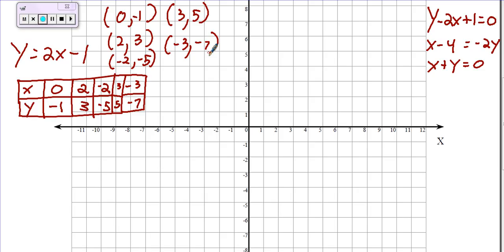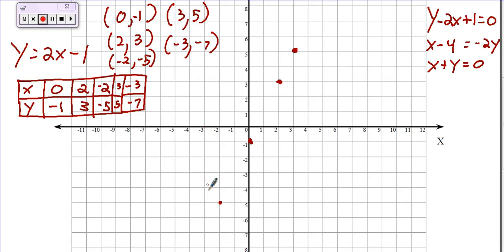I have all those, right? Graph them out. 0, negative 1. I have 2, 3. I have negative 2, negative 5, way down here. I have 3, 5, way up here.